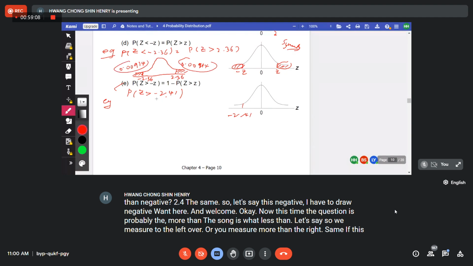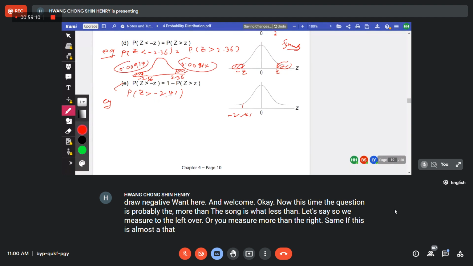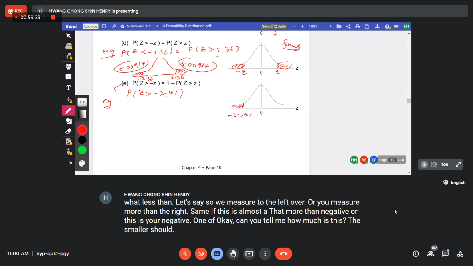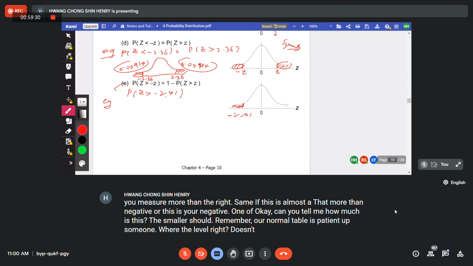If this example says Z more than negative 2.41, this is your negative 2.41, everyone follow? Okay, can you tell me how much is this, the small one, shaded area? Remember our normal table measures upside one, whether left or right, doesn't matter. How much?